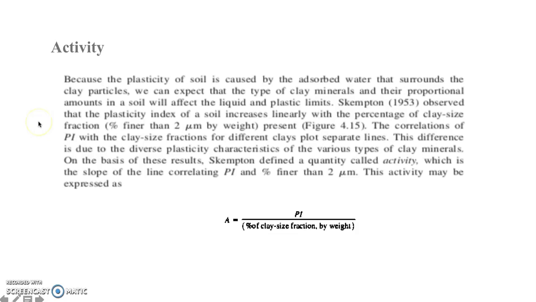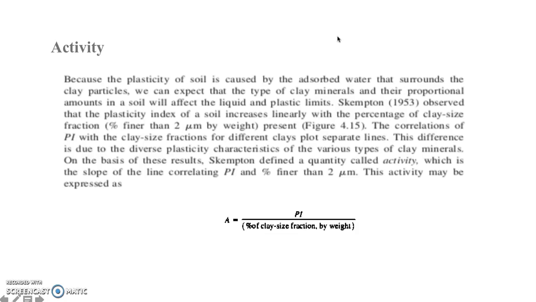So we have what we call activity. Basically, because the plasticity of soil is caused by absorbed water that surrounds the clay particles, you can expect that the type of clay minerals and their proportional amount in the soil will affect the liquid and plastic limit.